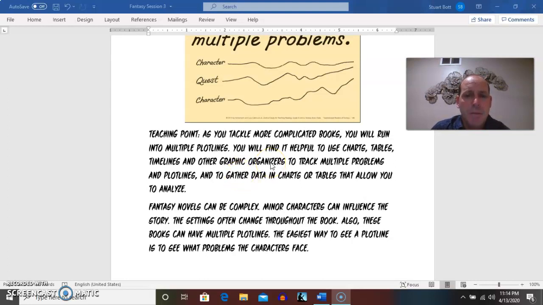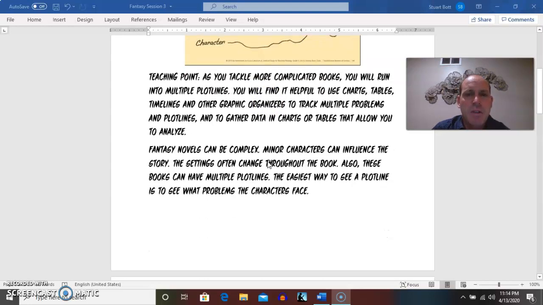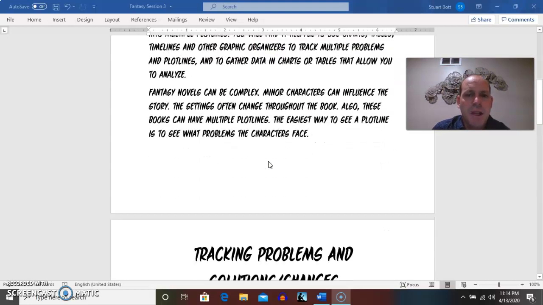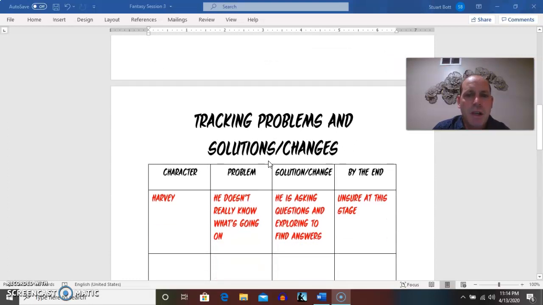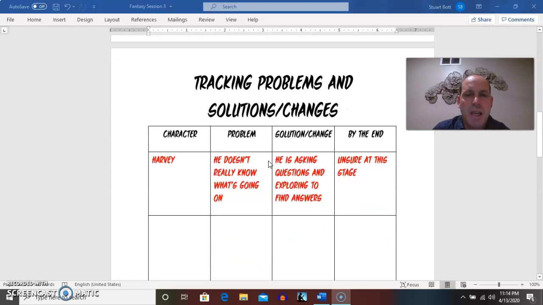The easiest way to see a plot line is to see the problems that characters face. So what I've done here, and this is your task for today, is tracking problems and solutions. This is just a little table that I've made up, and we're using The Thief of Always as the model book for you guys.